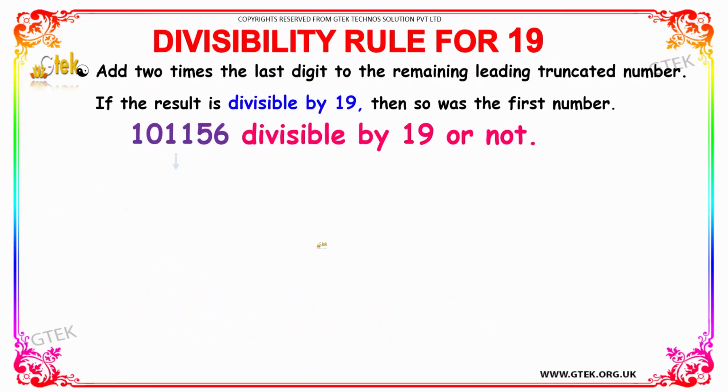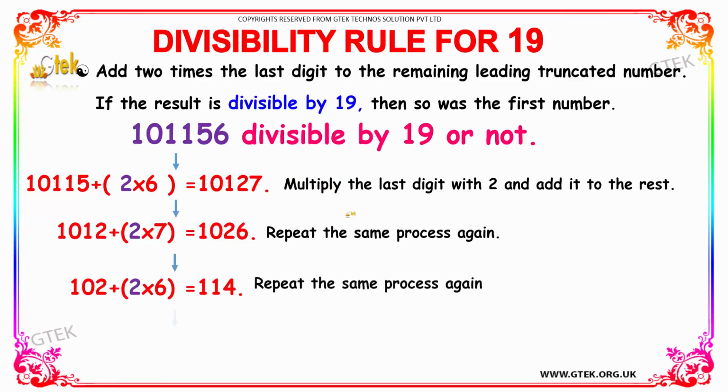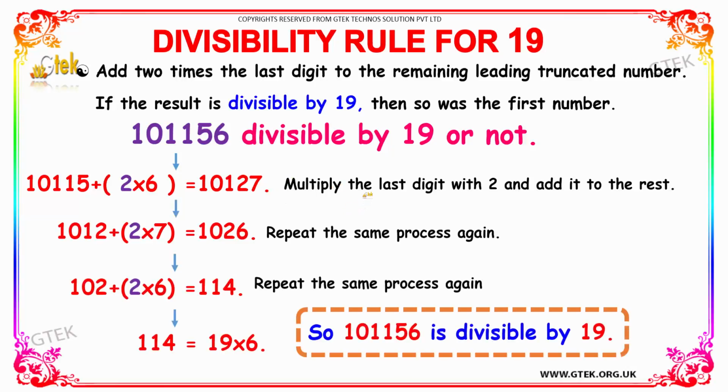Moving on, next we have the divisibility rule for 19. You have to add 2 times the last digit to the remaining leading truncated number. We have an example over here, 101156.